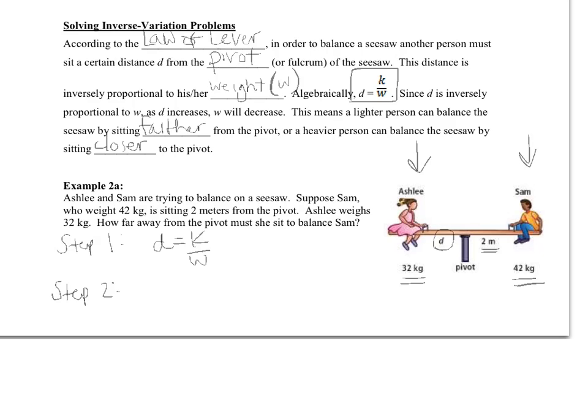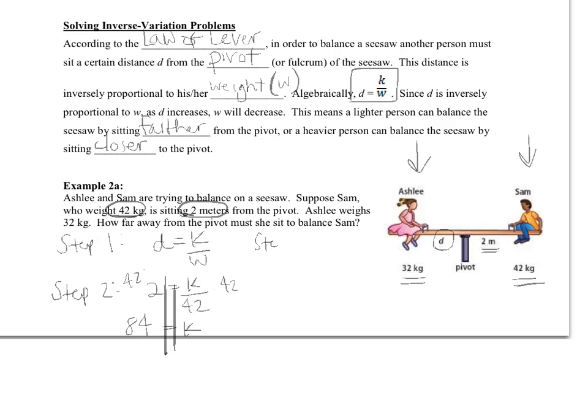So the distance that Sam is away is 2 meters, and his weight is 42 kilograms. We're going to solve for k, so we multiply both sides by 42, and we have k equals 84.